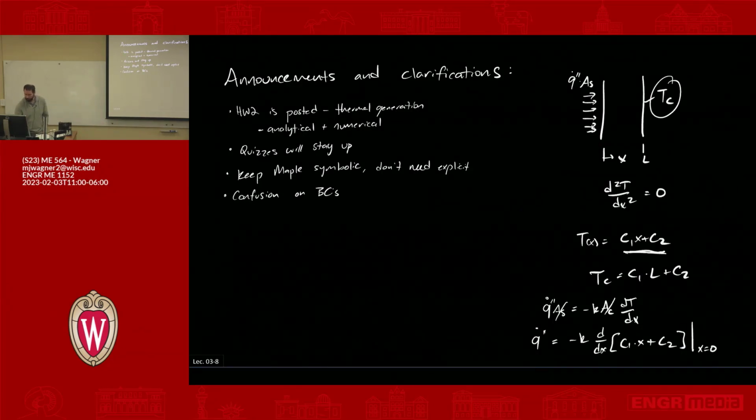If I go through this, sorry, I ran out of room, I'd end up with q dot double prime equal to minus k times C1, because you just take the derivative and evaluate this expression at x equals 0, nothing changes. This gives me C1 equal to minus q dot double prime over k.